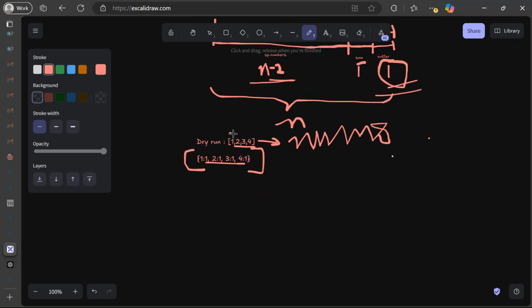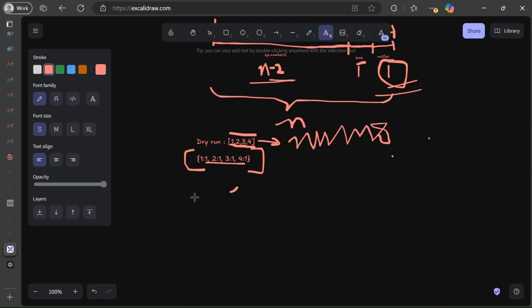Now iterating over this array, element by element. First would be i equals 0, nums equals 1. I would calculate the total sum, which would be 10 here, of the whole array.